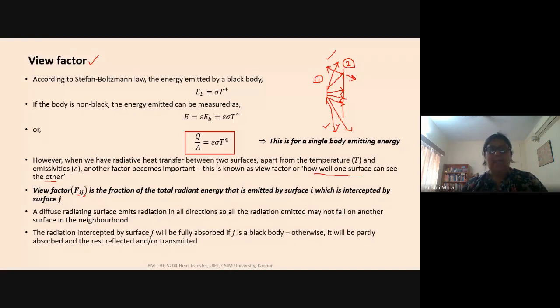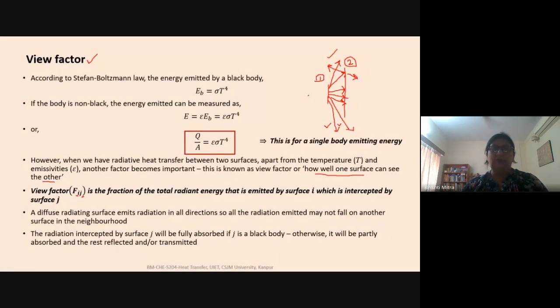When we talk about heat exchange, we're talking about essentially transfer of heat between two bodies. Say, for example, this is body 1 and this is body 2. If all the radiation given out by body 1 falls on body 2, then it is one thing.